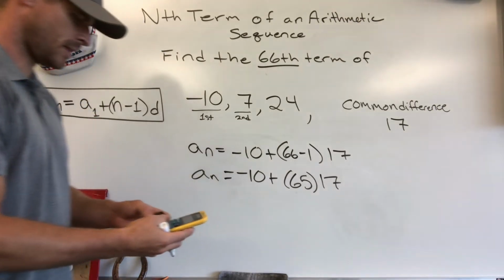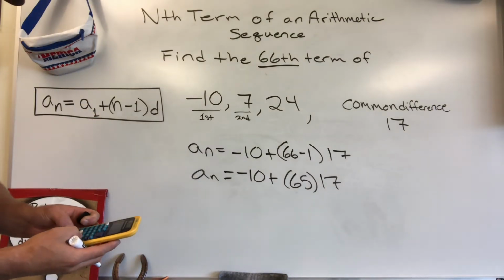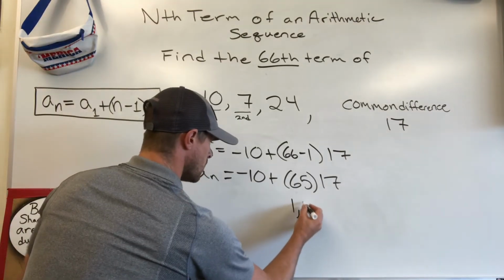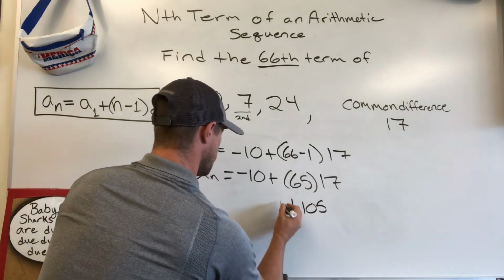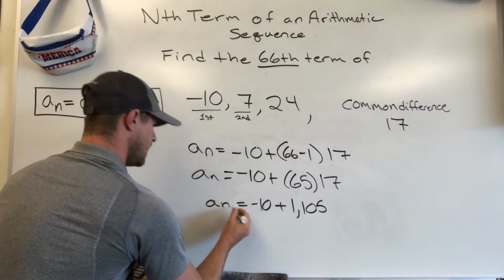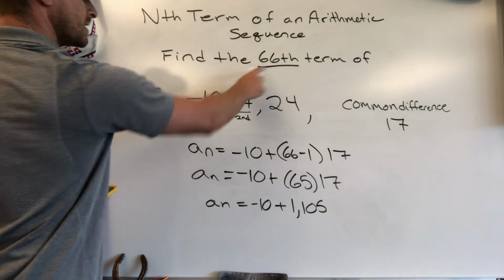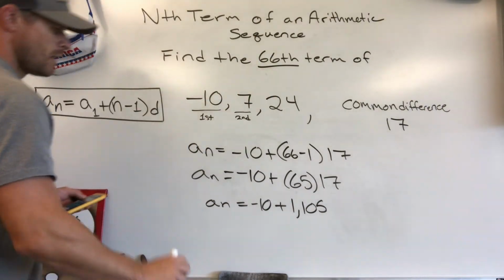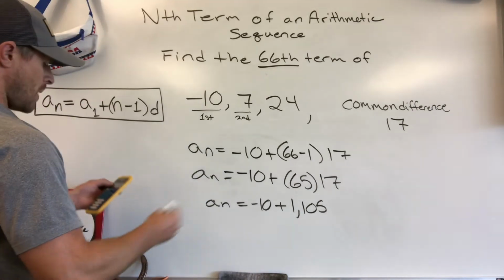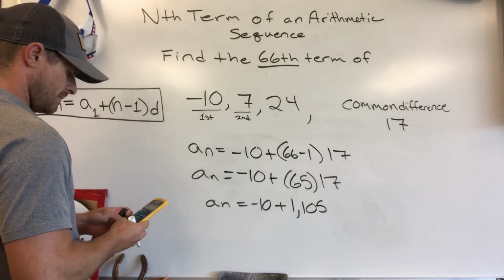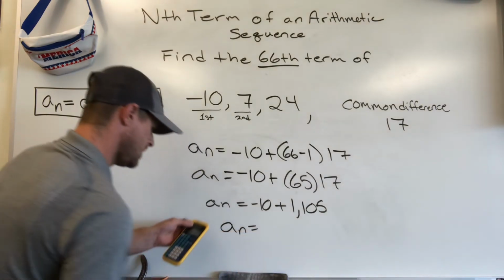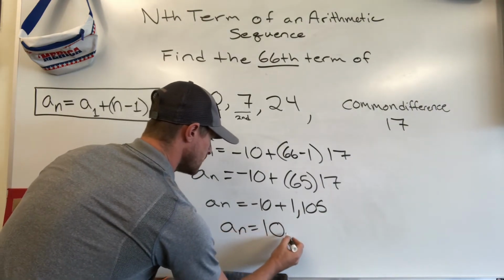So grab a calculator. 65 times 17 leaves me with 1,105 plus negative 10 equals AN. AN would be our result for 66 terms out. 1,105 plus negative 10, we're just going to drop a value of 10, giving me AN equals 1,095.